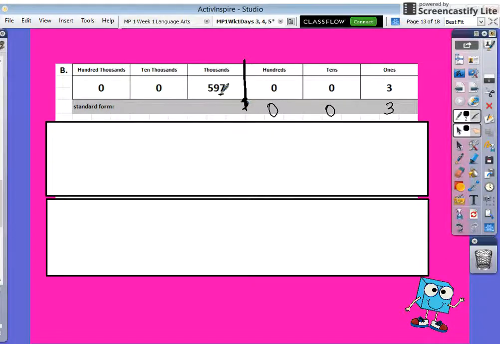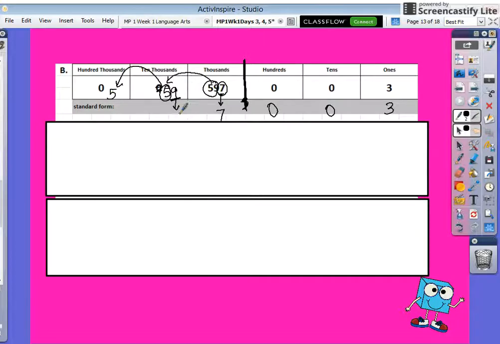And then remember, this first number to the right is going to stay there. And then you're going to take this number and say, okay, this is 59, but this 9 stays, and we circle the 5, and it moves over to the 100,000s place.